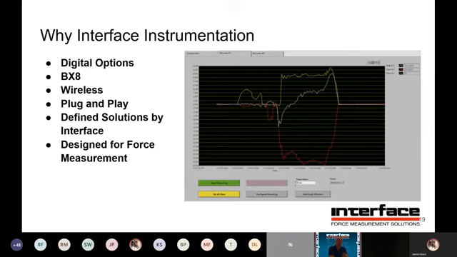We can help you with options like TEDS. So that'll help you plug in your axial torsion, let's say, product into a TEDS ready instrument, and it'll automatically set up, and then you could change it to a different load cell, and the instrument would automatically set up with that.